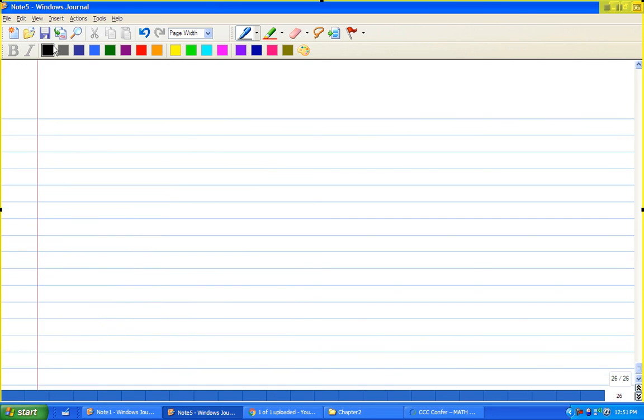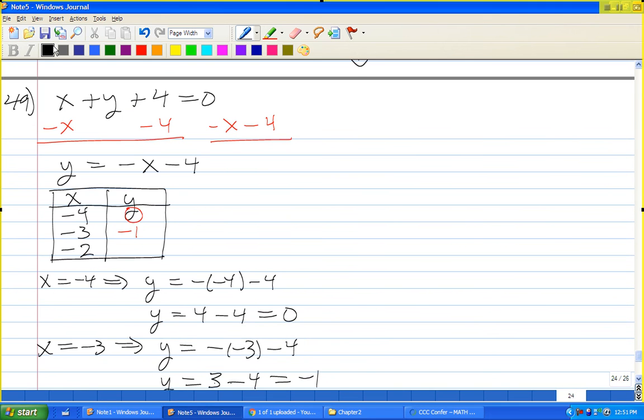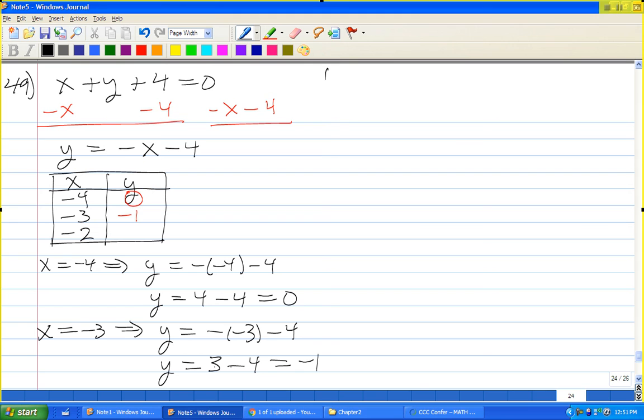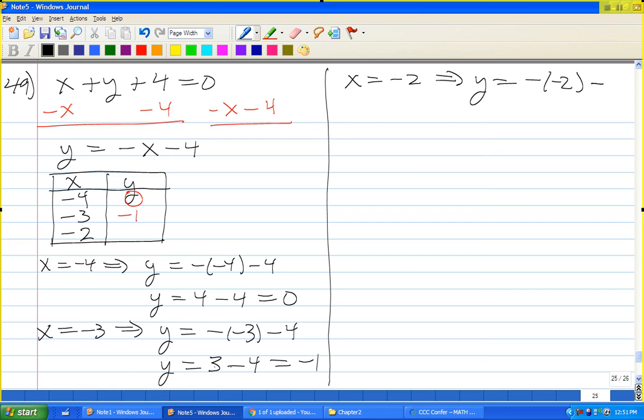And lastly, let's see what happens when x equals negative 2. I get y equals minus a negative 2 minus 4. So y is equal to 2 minus 4, negative 2.